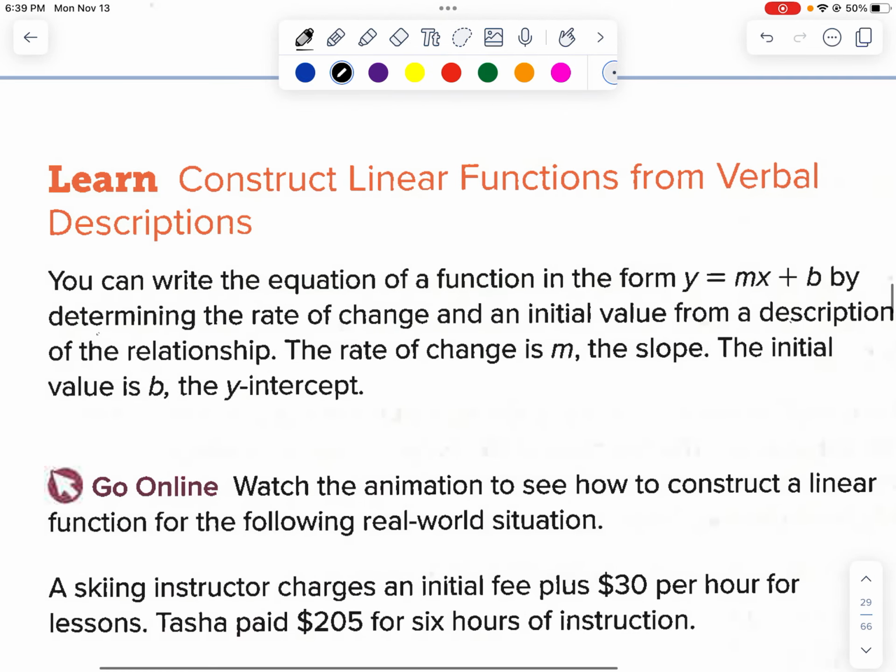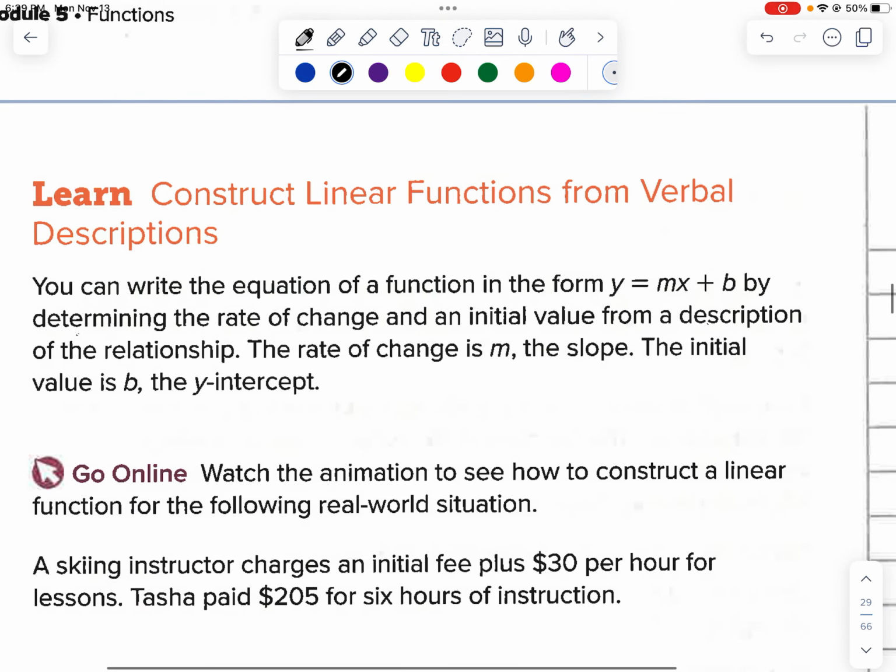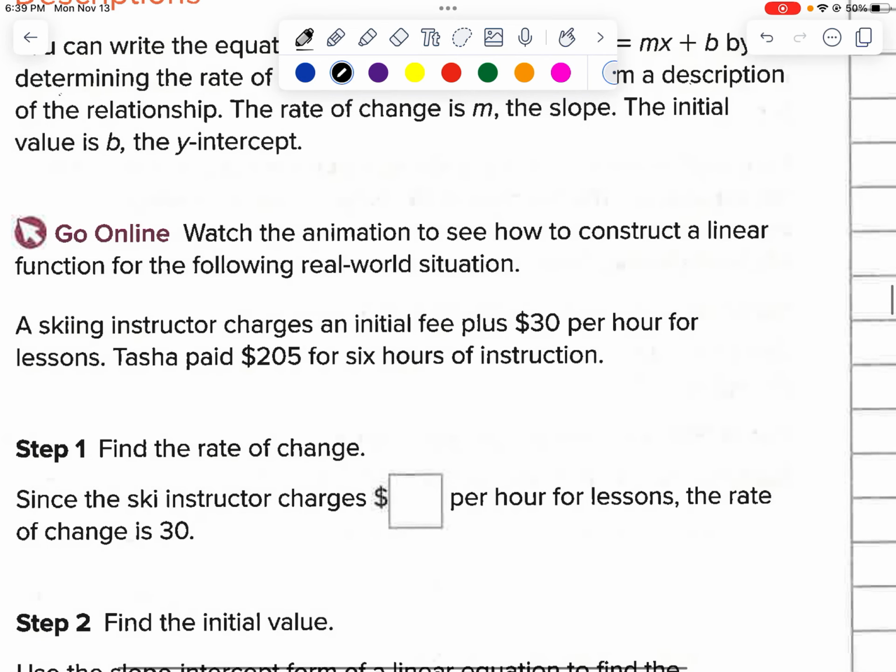You can write the linear equation of a function in the form y equals mx plus b by determining the rate and the initial value from the description of the linear relationship. Rate of change is the slope. The initial value is b.